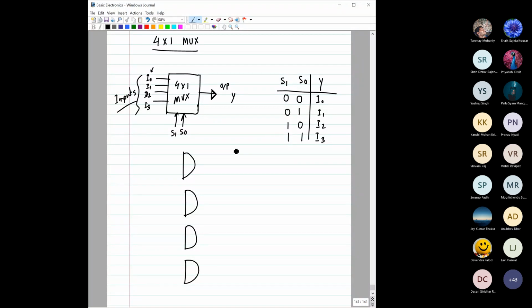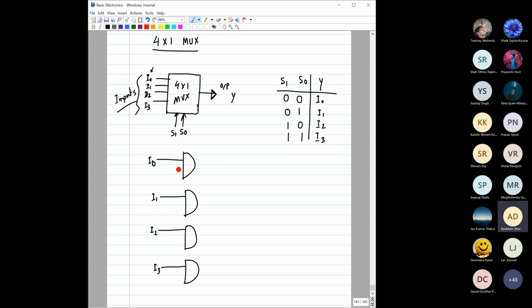Yes, sir, 4 only. With each of these AND gates, we should have connected one of the inputs, right? So we have connected one of the inputs to it. Now tell me, what else will be connected with this AND gate?